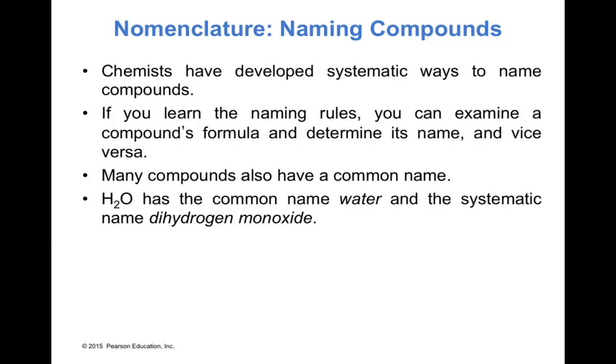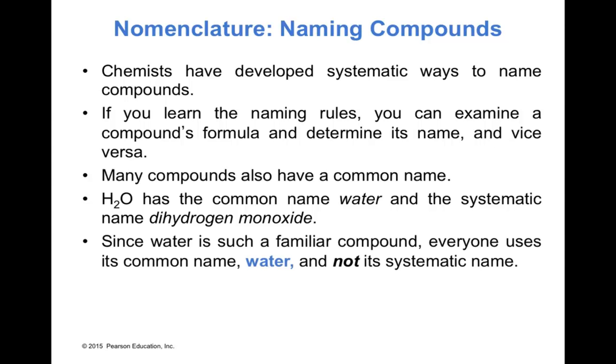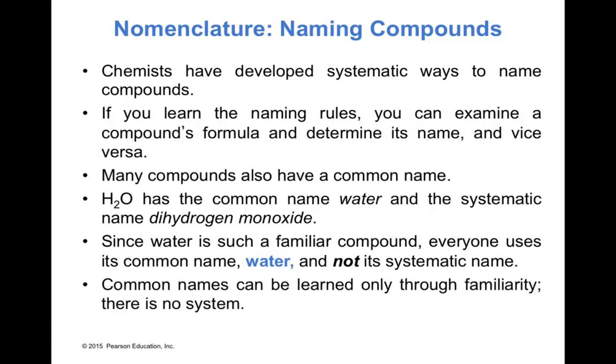H2O has a common name of water, but the systematic name is dihydrogen monoxide. Since water is such a familiar compound, everyone uses its common name, water, and not its systematic name. Common names can be learned only through familiarity, and there are no rules to establish a common name.